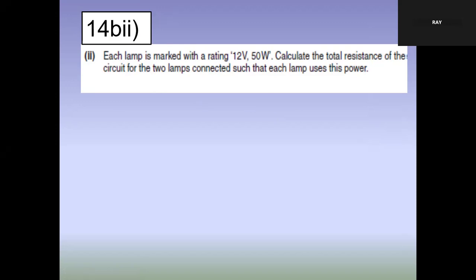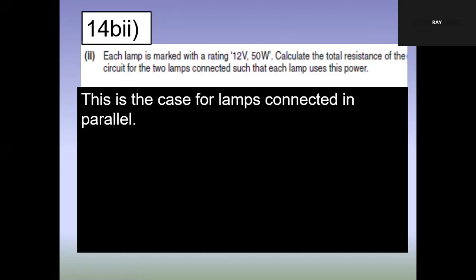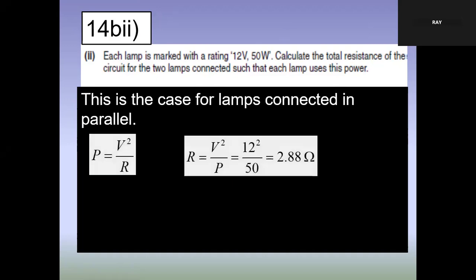You are given P, power, and you are given 12 volt. This is a case of lamps connected in parallel. R is V squared over P. So 12 squared over 50 is 2.88 ohm.